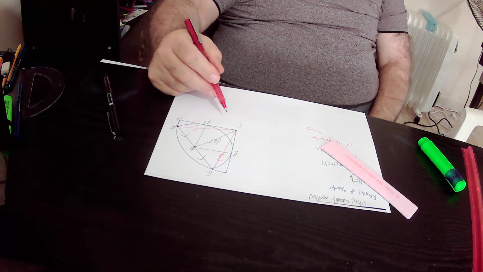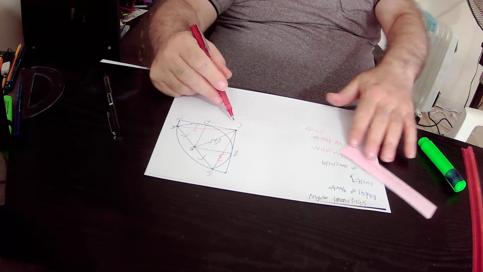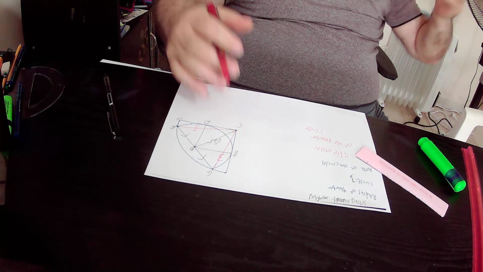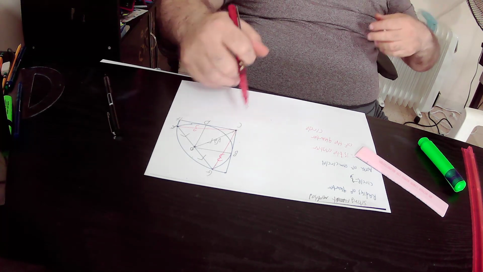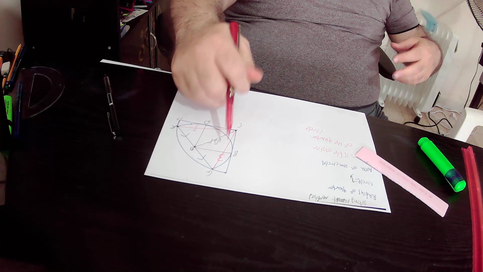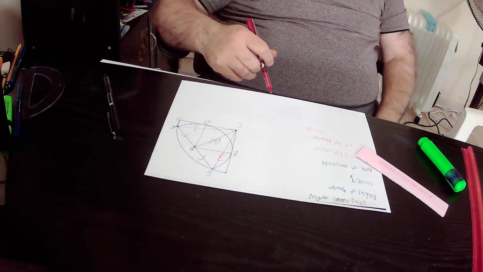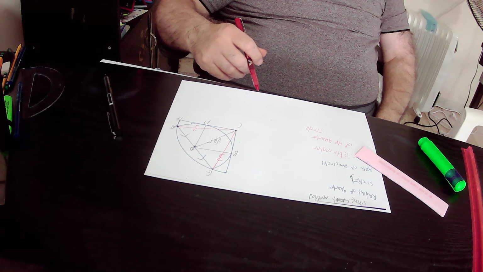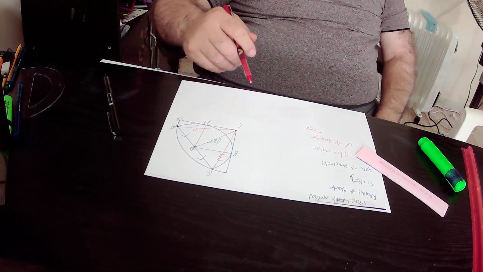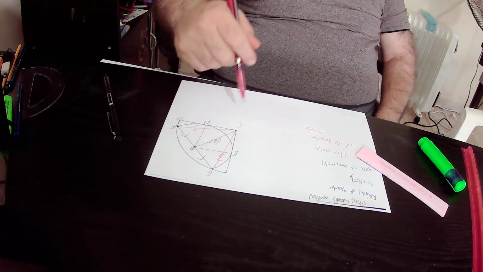Why? Because point C is the center of the quarter circle and point G is a point on the quarter circle itself. Therefore, CG is the radius of the quarter circle that is equal to 3 units. So we actually created the isosceles triangle GCF.